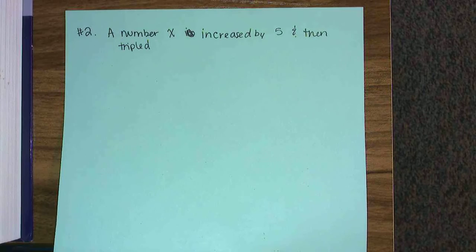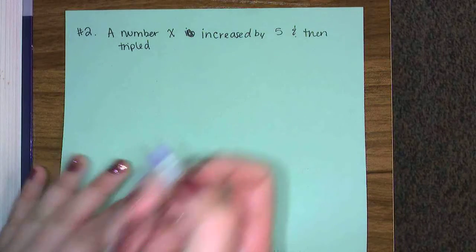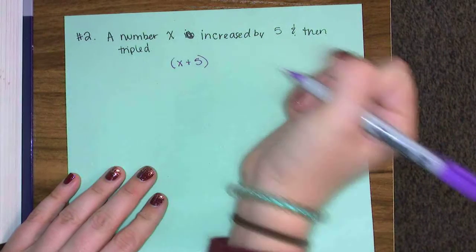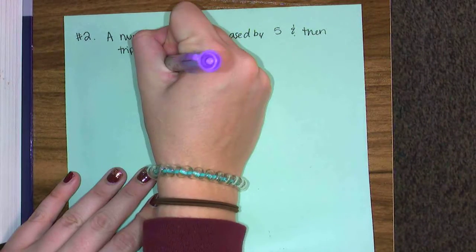Tripled, not cubed. So we have x plus 5, and then the whole thing is tripled, so that would be our formula.